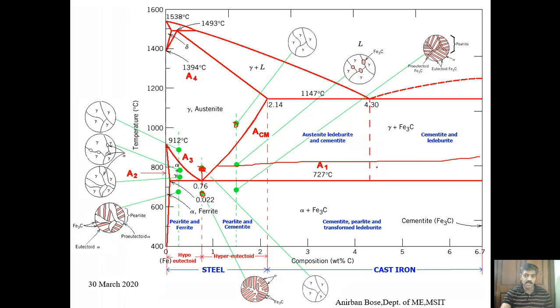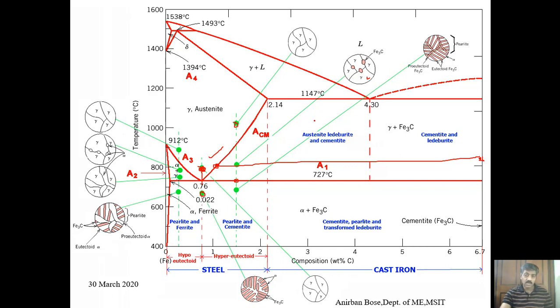What are the two phases present? One is austenite. If you draw the tie line you will get that. So here it is austenite and here it is cementite. So gradually cementite will start to form, and you can see the cementite has started to form. When it goes to this position, exactly at the eutectoid temperature, at that condition this austenite will have a composition exactly the same as 0.76%.